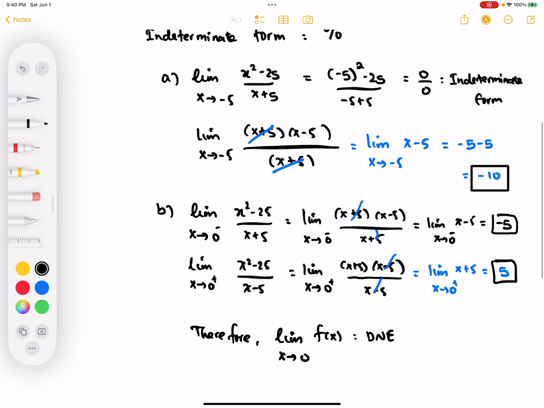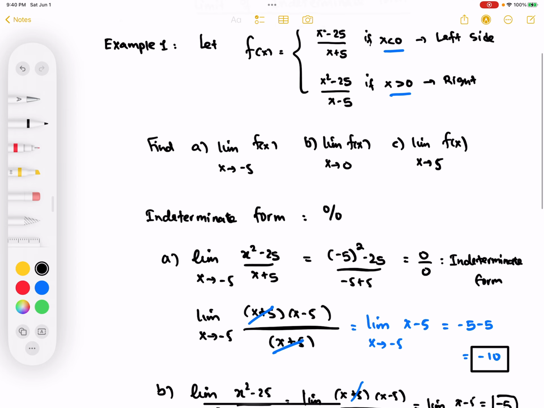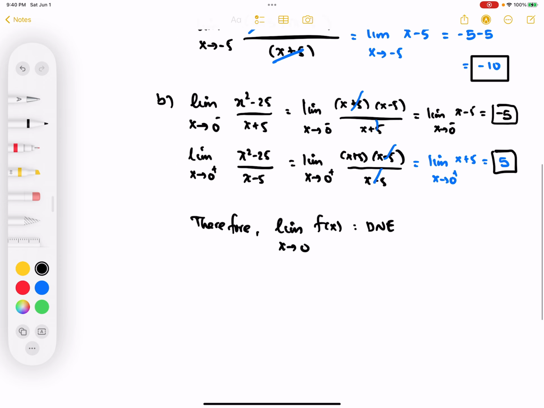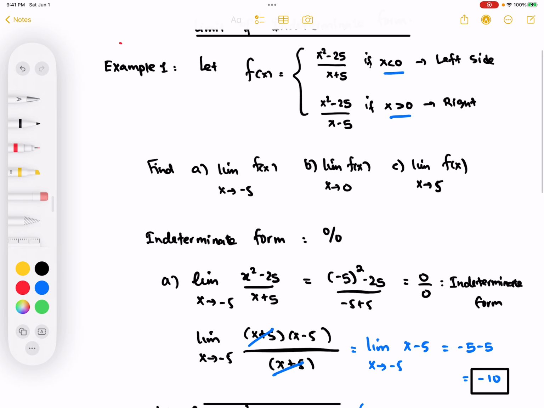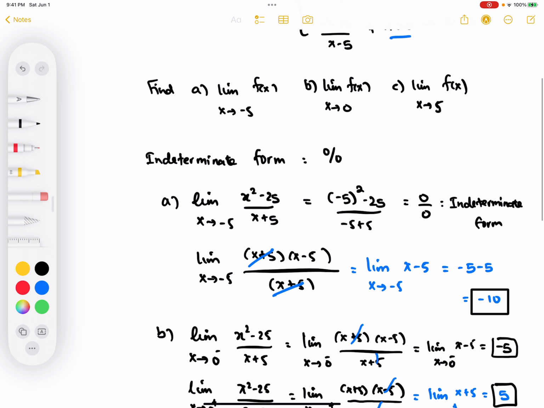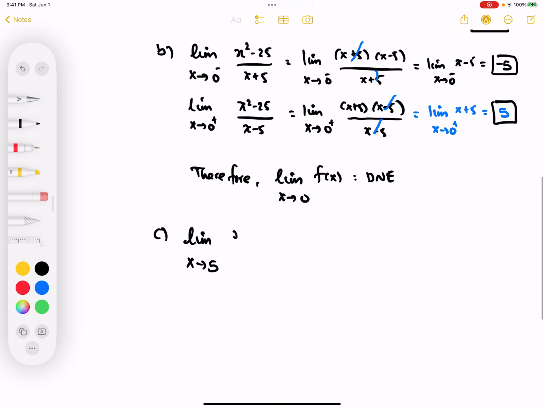Now C is asking you to find the limit of x approaches 5. Now when you look at 5, 5 is on the right side, because it is greater than 0. So I have to take the right side.